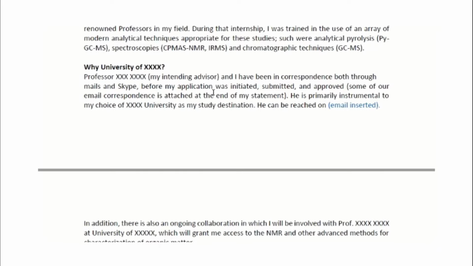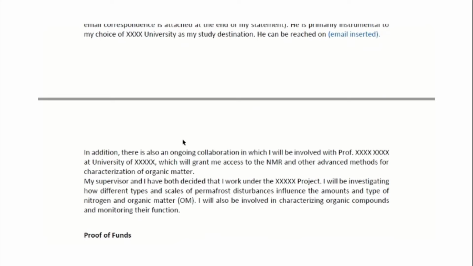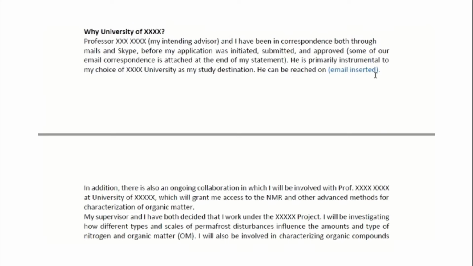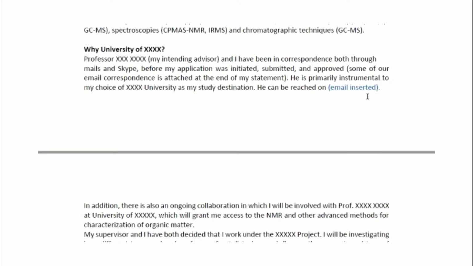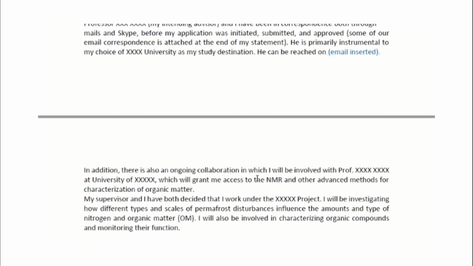In your case, it might be that the reason why you chose the program is because it's the best ranking for the degree you want to do. The reason why you chose the university might be that they focus a lot on international experience. So just make sure that you state why you chose that school. And you can see I put in his email. It added another level of legitimacy to what I'm talking about.